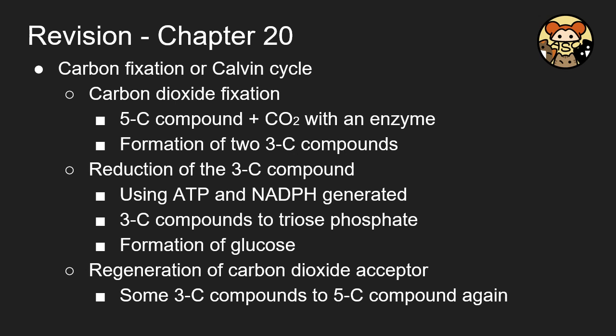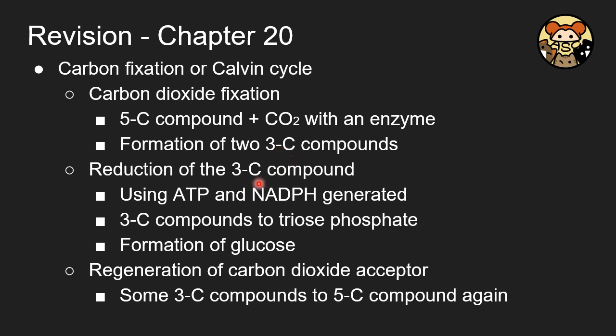And the second step of the photosynthesis will be carbon fixation, also known as the Calvin cycle. And for the carbon dioxide fixation, the first step will be the carbon dioxide is bound to the 5C compound, and then this 6C compound will be split into two 3C compounds, because 1 plus 5 is 6, and then 2 times 3 is also 6.